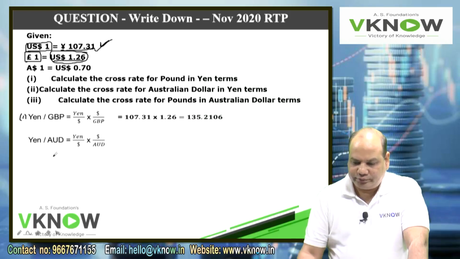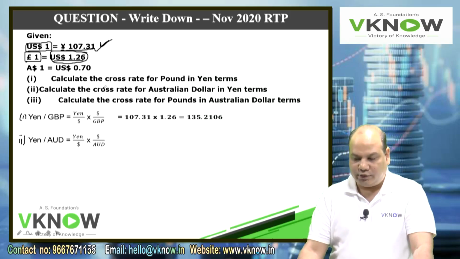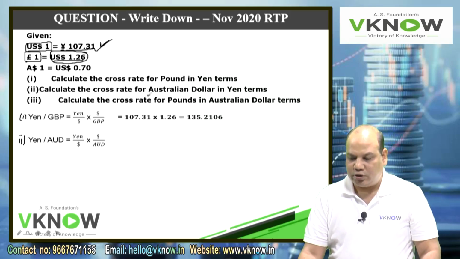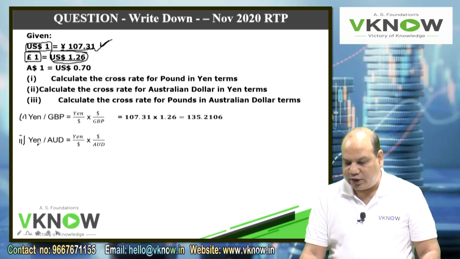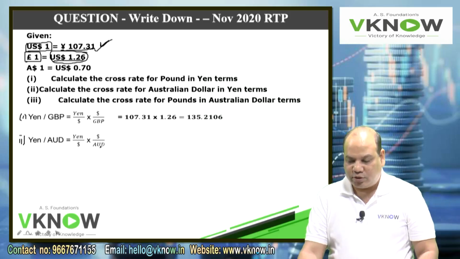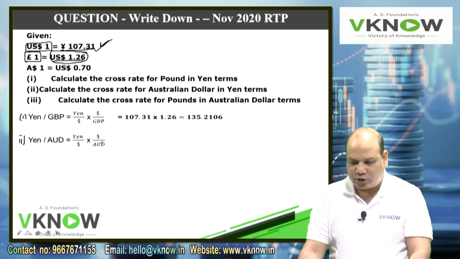Then write down the second answer. What is the second answer? Calculate the cross rate for Australian dollar in yen terms. It means you have to find yen per Australian dollar. Yen per Australian dollar is equal to the cross rate: apply yen per dollar, and then you cancel dollar into dollar per Australian dollar.